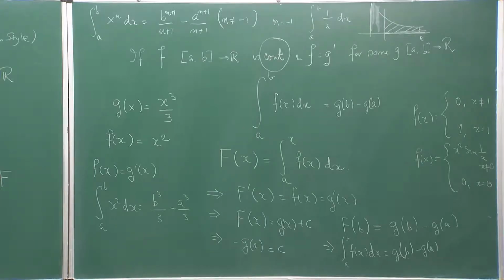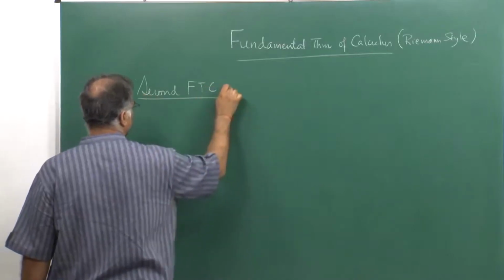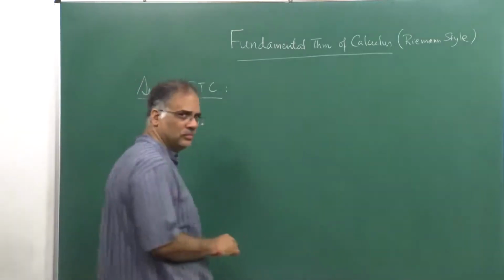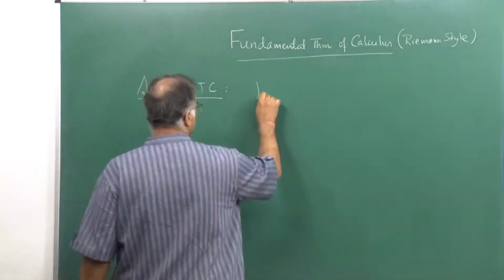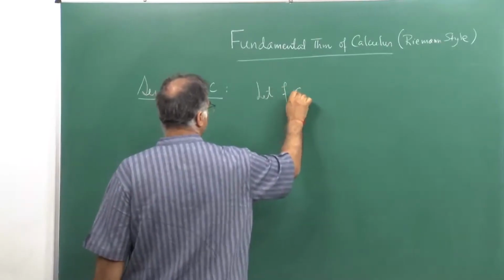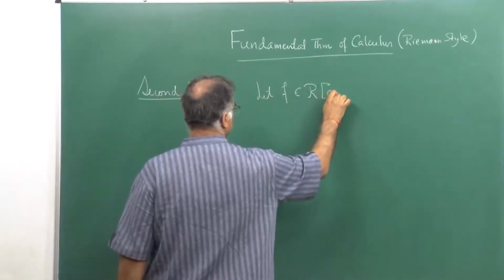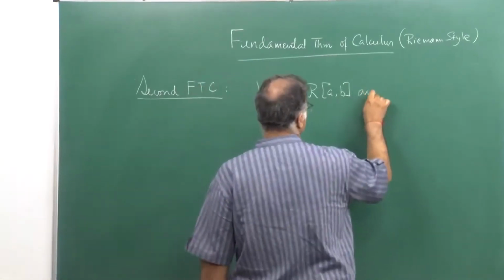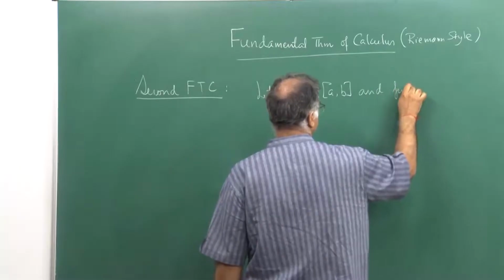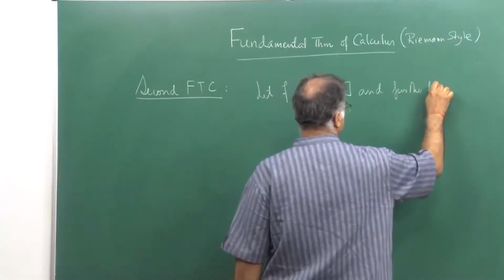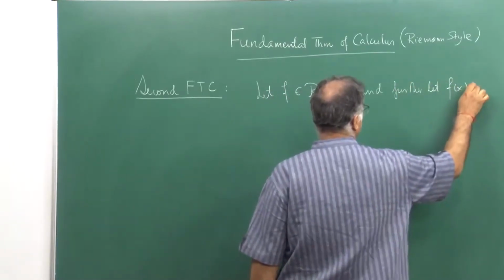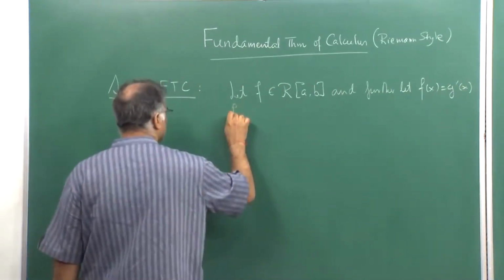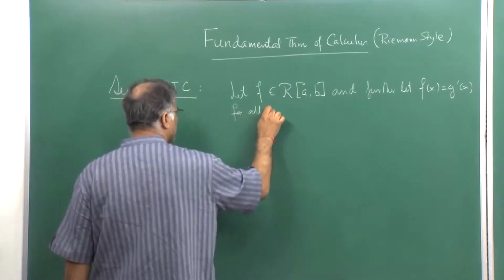Second fundamental theorem of calculus, second FTC. Let f be an element of R[a,b], and further let f of x be equal to g dash x for all x in (a,b).